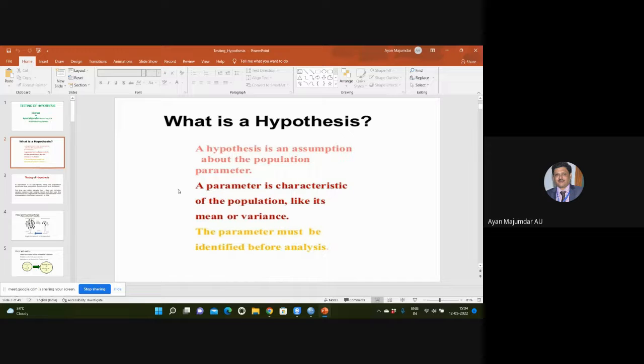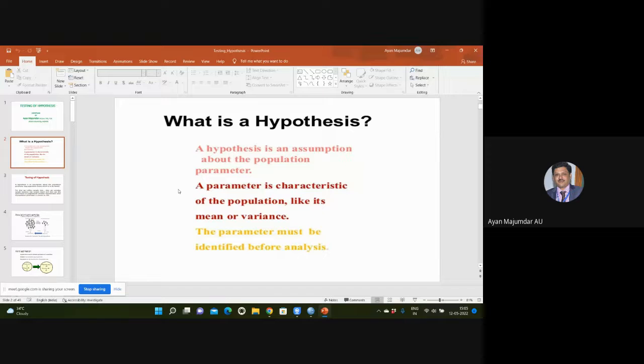For doing this, we should have a few ideas, we will only discuss those and then move to hands-on. So, before we do testing, what basically is a hypothesis? It is defined as an assumption about the population parameter.